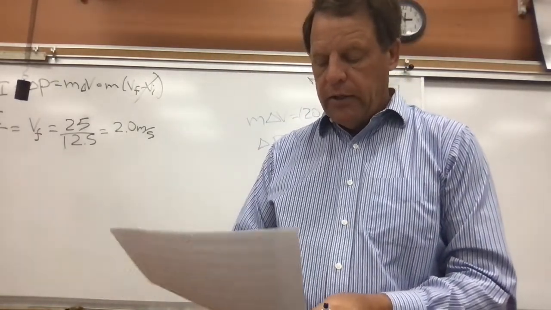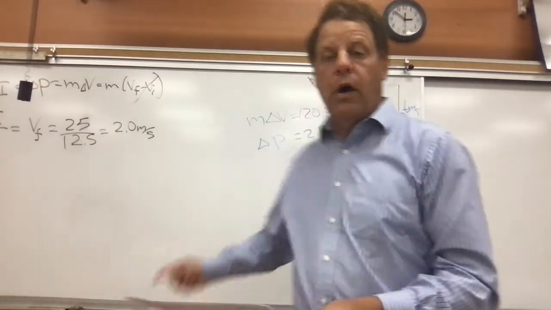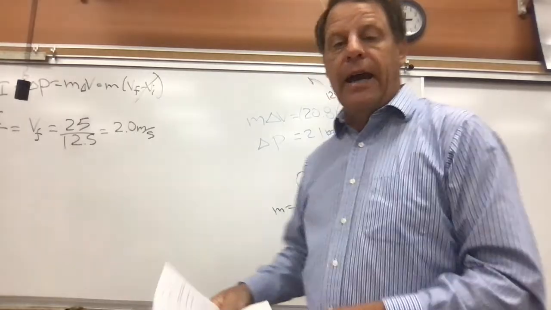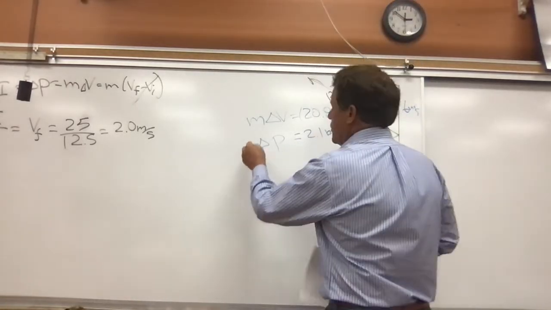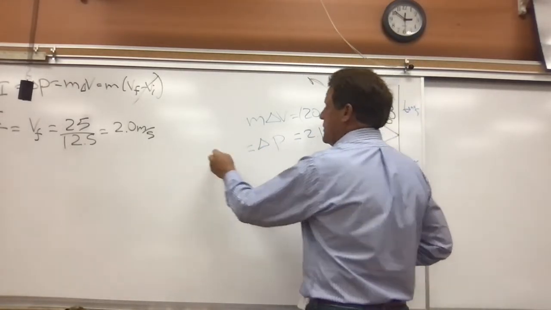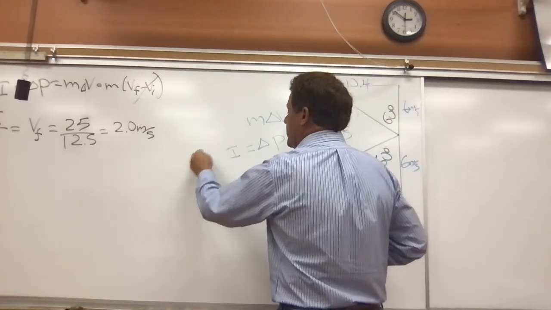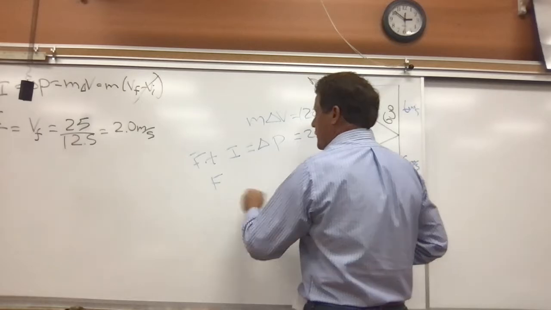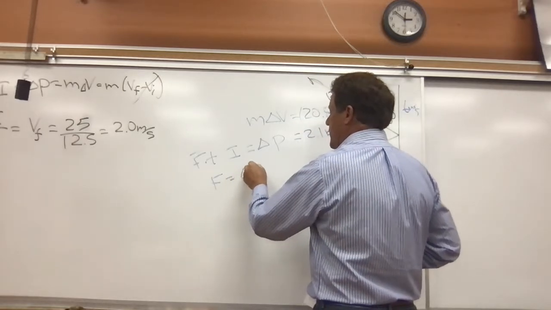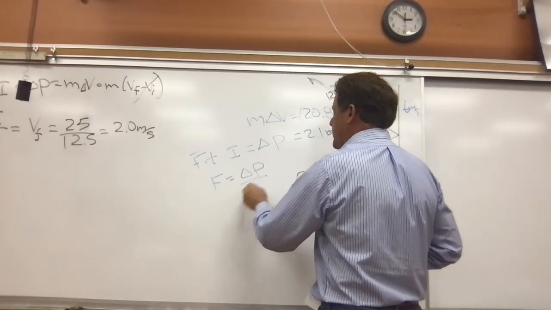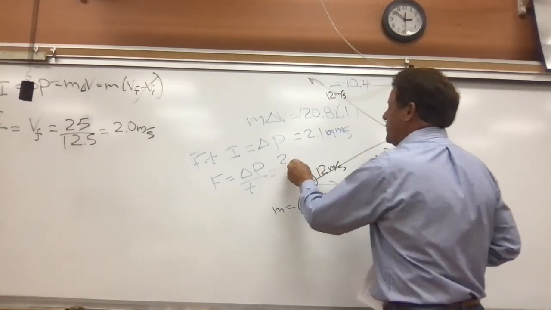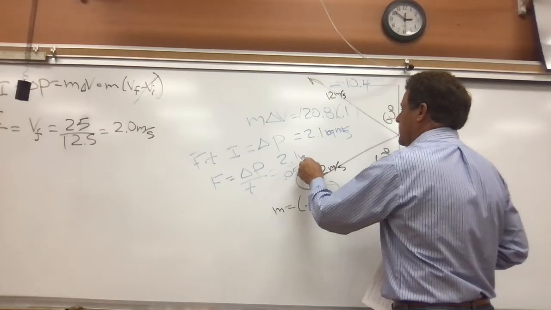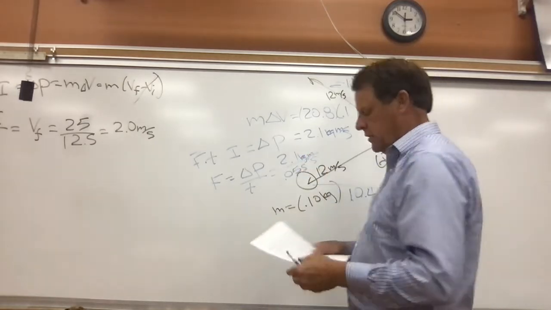All right, if the ball is in contact with the wall for 0.05 seconds, then what would be the average force? So remember, change in momentum is equal to impulse, which is force times time. So average force is going to equal the change in momentum divided by time, which is going to be 2.1 divided by 0.05 seconds, kilogram meters per second.